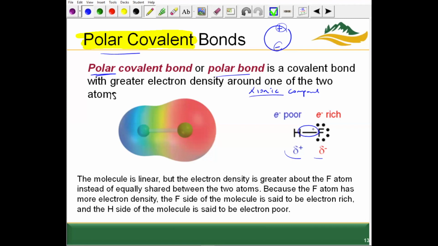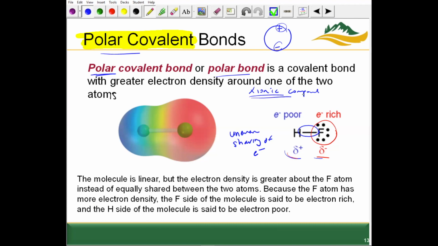But in a polar bond, a polar covalent bond, there's an uneven sharing of electrons. This uneven sharing of electrons leads to more electron density around the more electronegative atom of fluorine, and less electron density around the less electronegative atom of hydrogen.